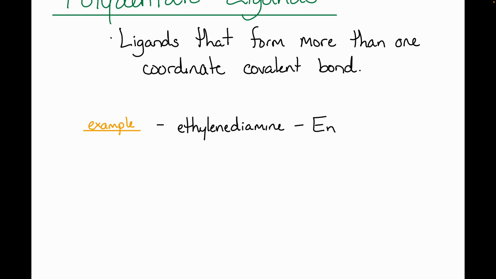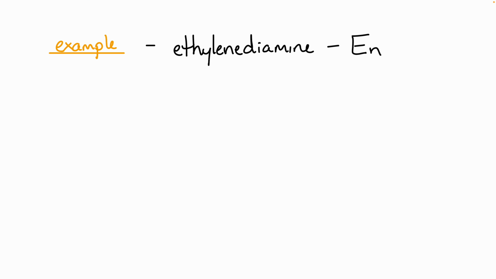If we looked at the structure of ethylene diamine, what we would find is there are these two carbon atoms. Each one has two hydrogens on it, but they're also both bound to a nitrogen, specifically an NH2, what we'll call in organic chemistry an amine group.